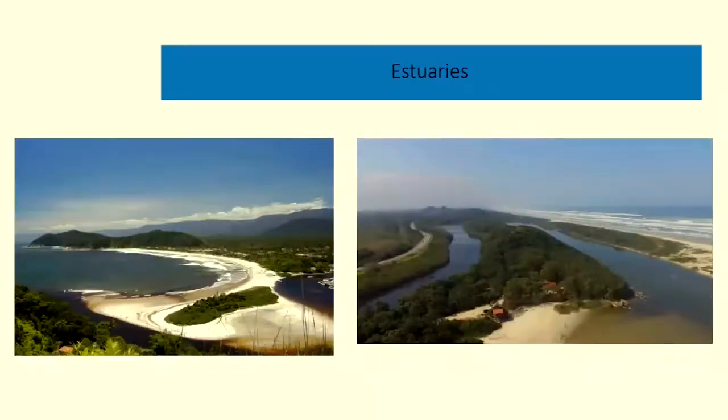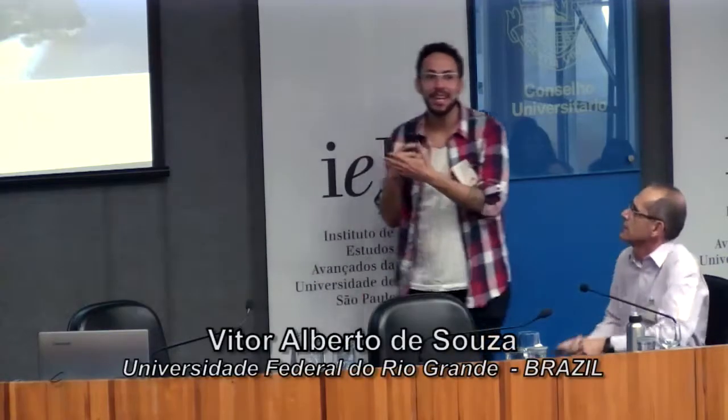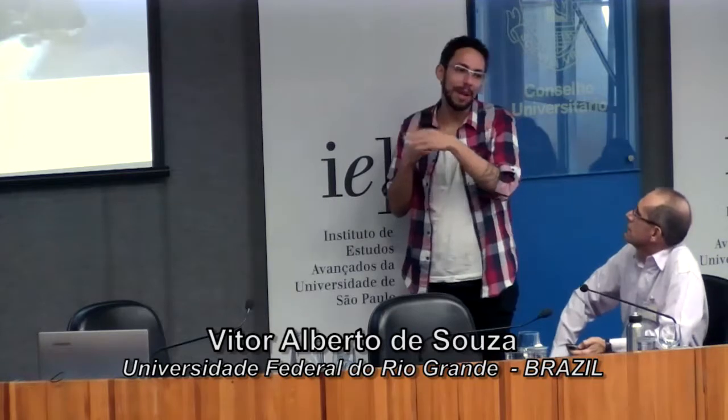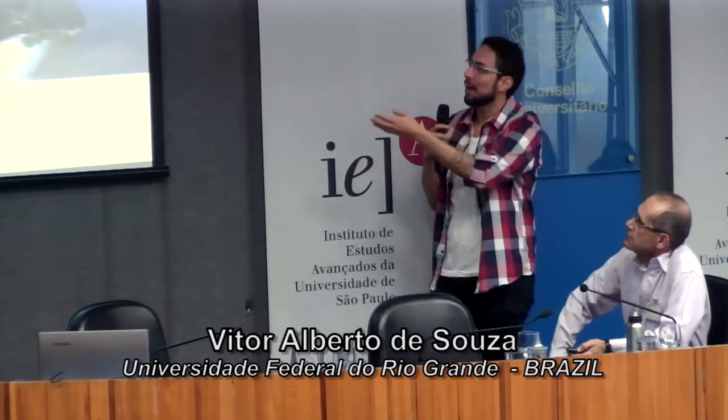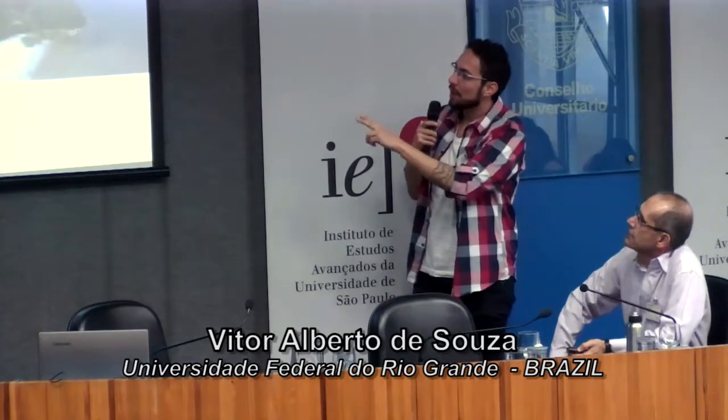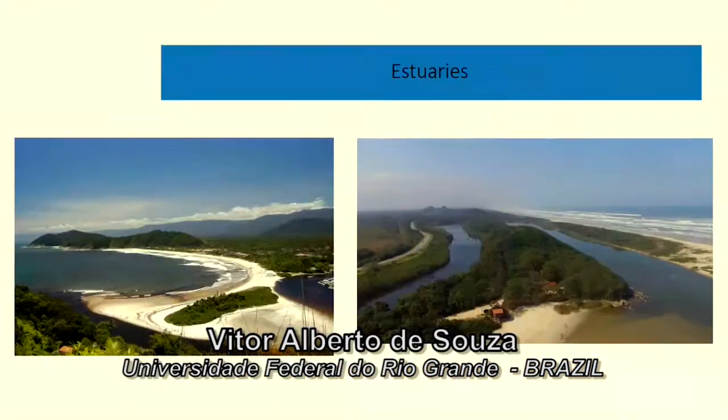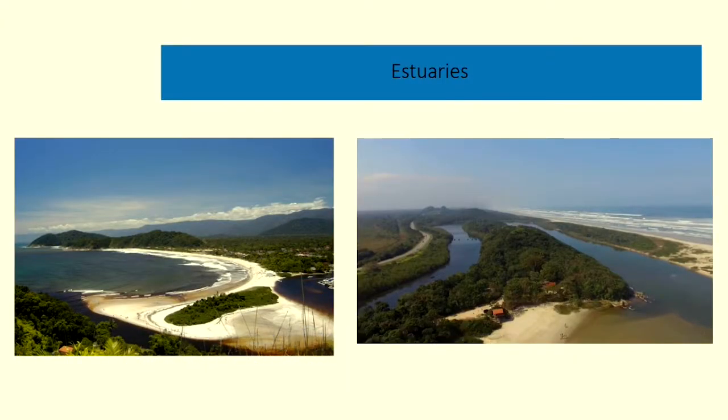Yeah, actually, I studied coastal management in this area, so I'm quite used to these environments. So we have these two estuaries, one in a very small city called Peruíbe, and the other one, this is quite dynamic, in Bertioga also.